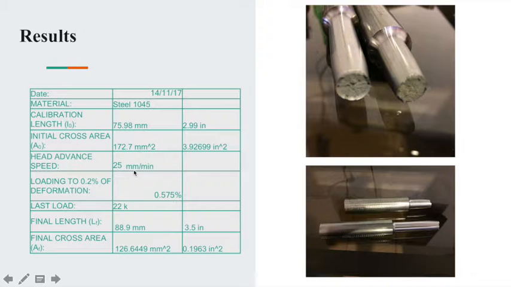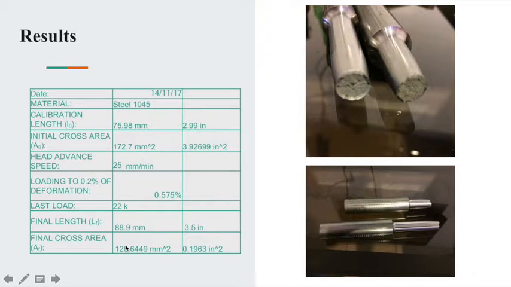The head advance speed of the machine is 25 millimeters per minute. The loading point of the deformation was 0.75. The last load was 22K, and the final length was 88.9 millimeters and 3.5 inches.